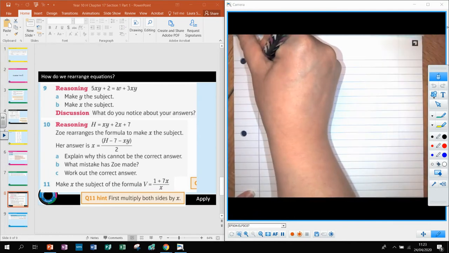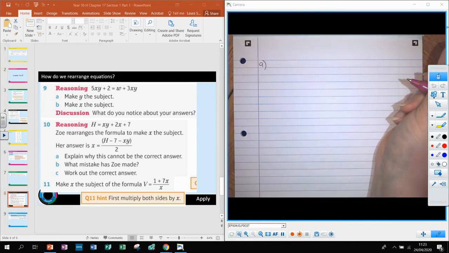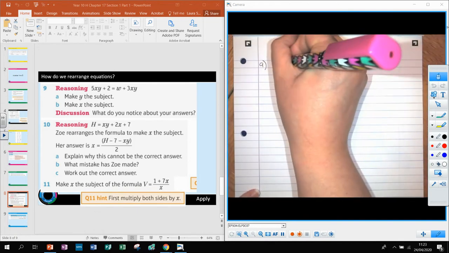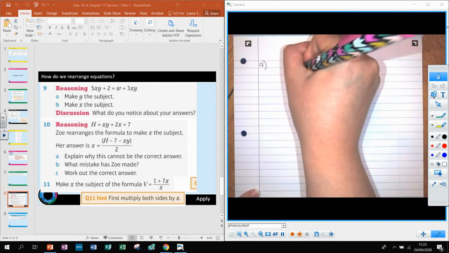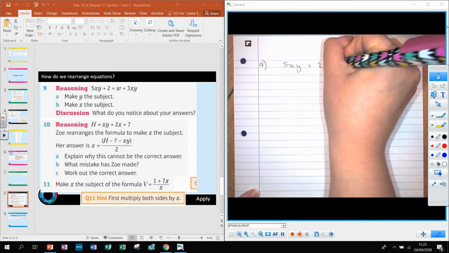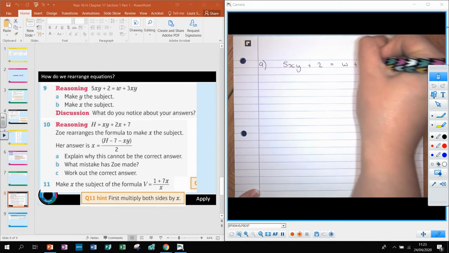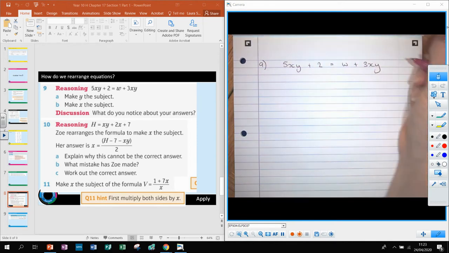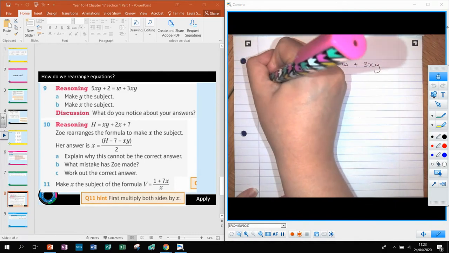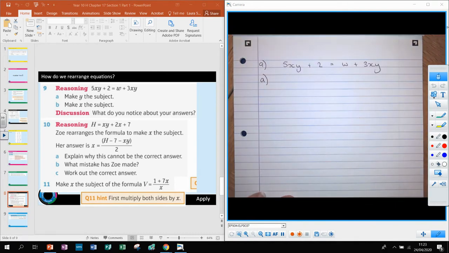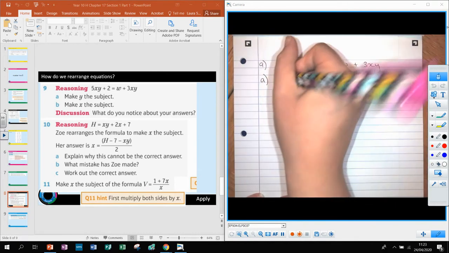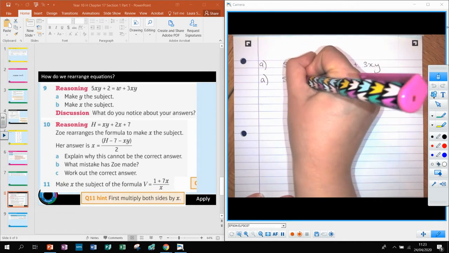Right, so for question 9, it says 5xy plus 2 is equal to w plus 3xy. And it says two things, make y the subject and then make x the subject. So let's start with part A, where we are making y the subject. Okay, so I'm going to rewrite out what we had.